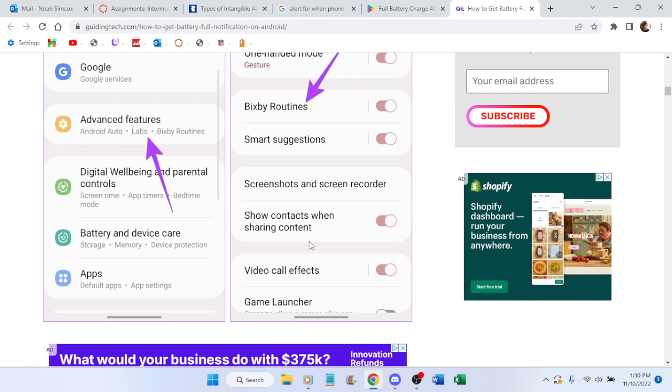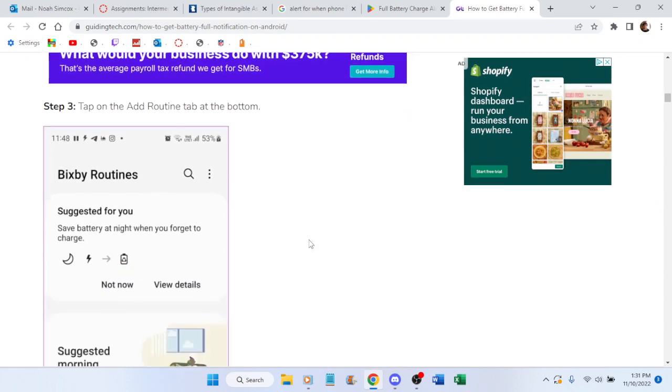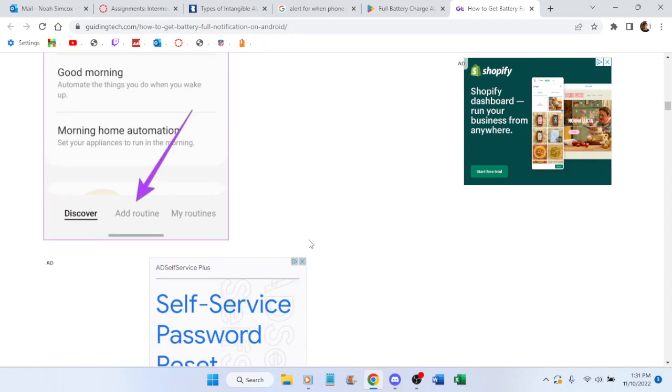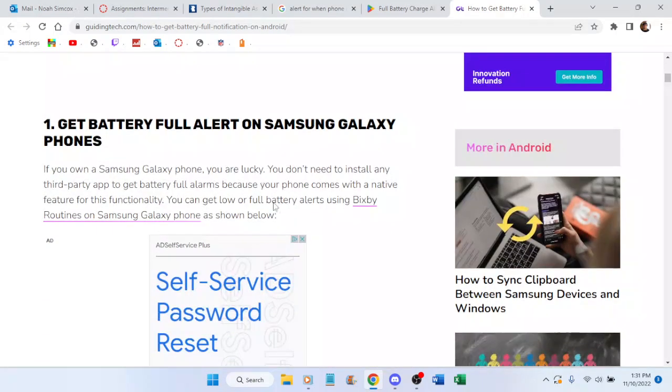Does this phone not have Bixby on it? Seriously? Oh my gosh. Seriously? I don't think this phone has a Bixby function on it.